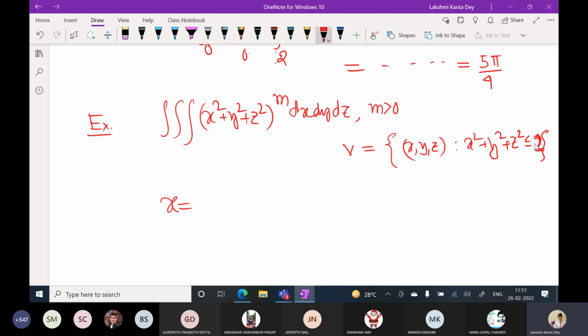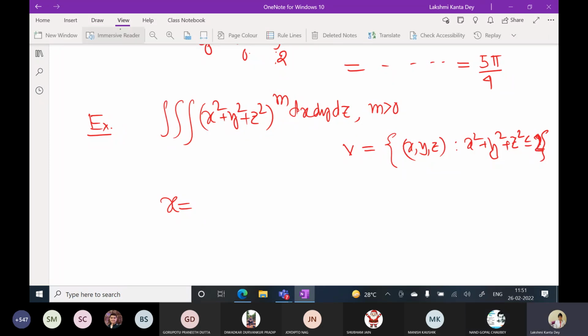And what will be theta? What will be phi? And what will be your Jacobian? Theta is 0 to 2 pi, phi is 0 to pi. This is the full range, because your region of integration is the full sphere.